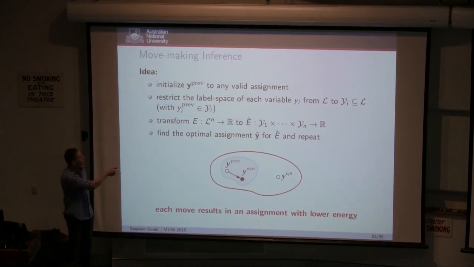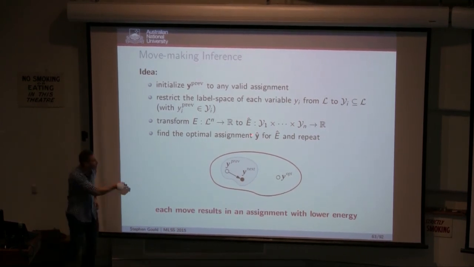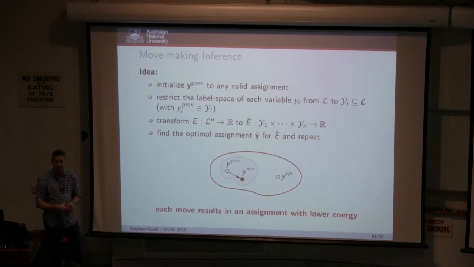Okay? So I take a subset of the possible labels for each variable. I have this new energy function, which is now defined over this subspace of possible solutions. And I find the optimal assignment for the variables given this restricted energy function.